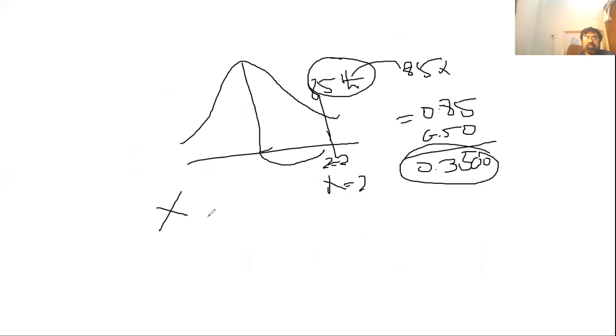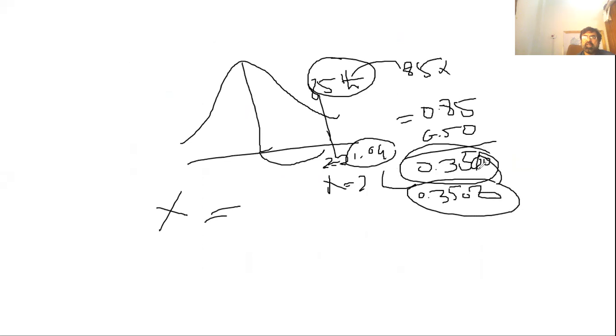So Z is equal to 1.04. This area 0.3500 actually does not exist in the Z table, so we will go for 0.3508. This is the closest or nearest area to this one, and it falls below 0.04 and in front of 1.0.